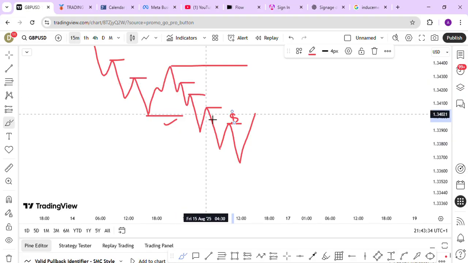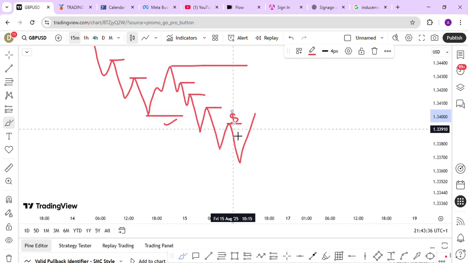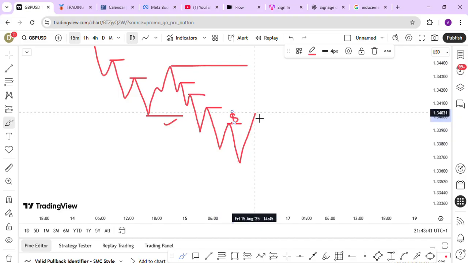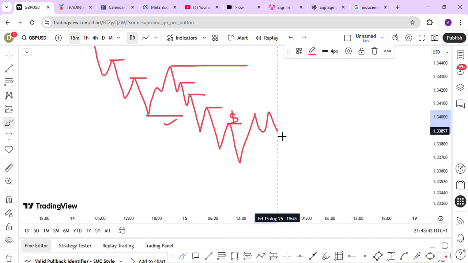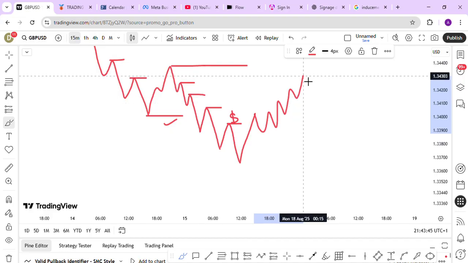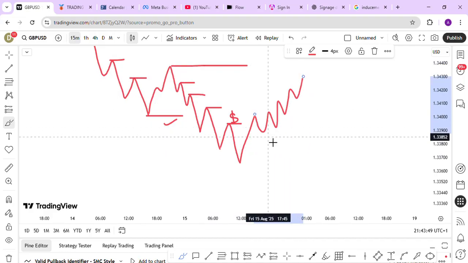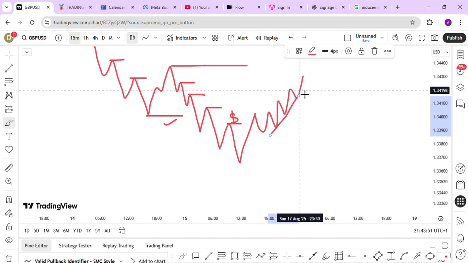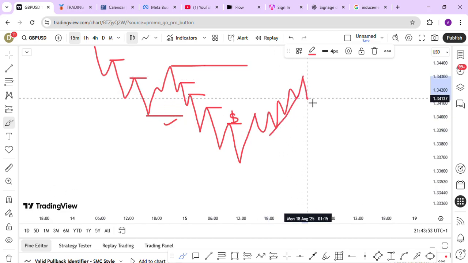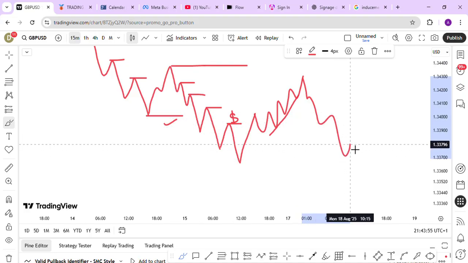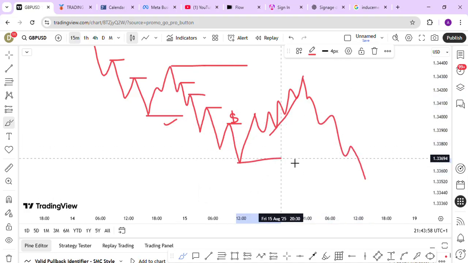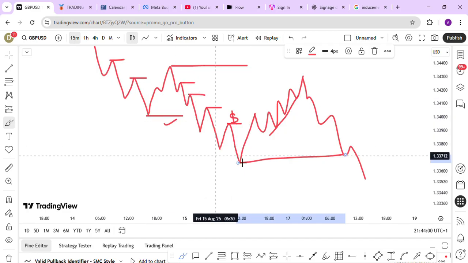That doesn't stop the market from coming here, but at least this is what we want the market to take. If the market comes down and does more of this, then as long as this high is being protected, all this is also liquidity that the market is building for itself when it's coming down. So you can see that's why you have a movement like this. This is just all you need to know.